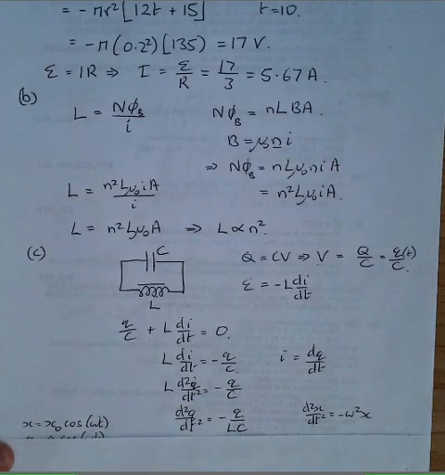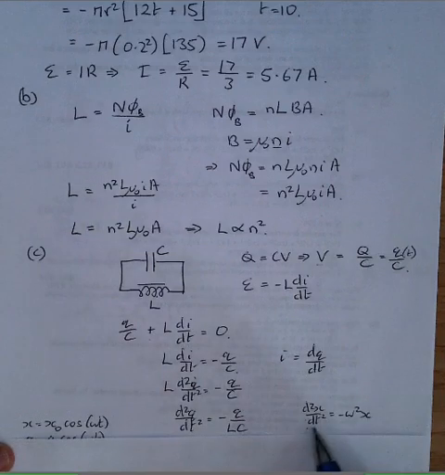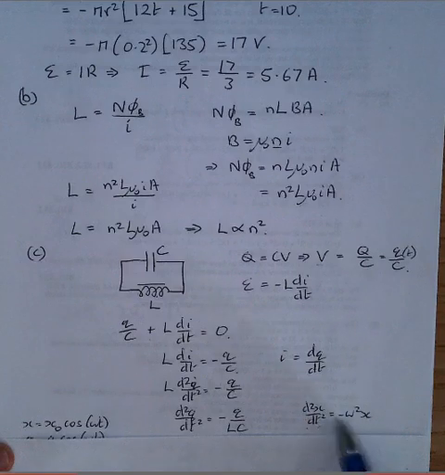Now this is a very common second order differential equation. The first time you will have come across an equation in this form would be in simple harmonic motion, where you had d2x/dt squared equals minus omega squared x.